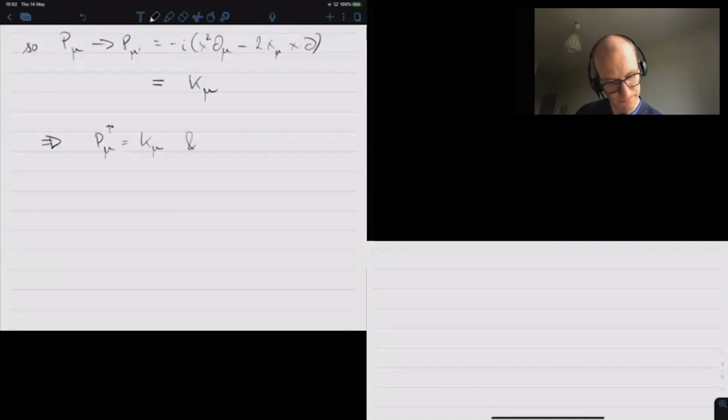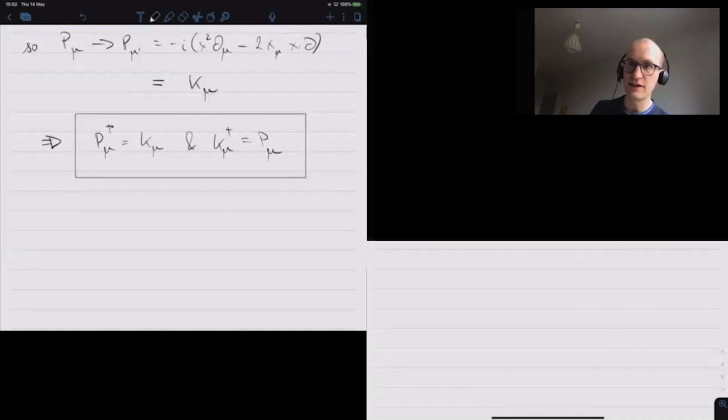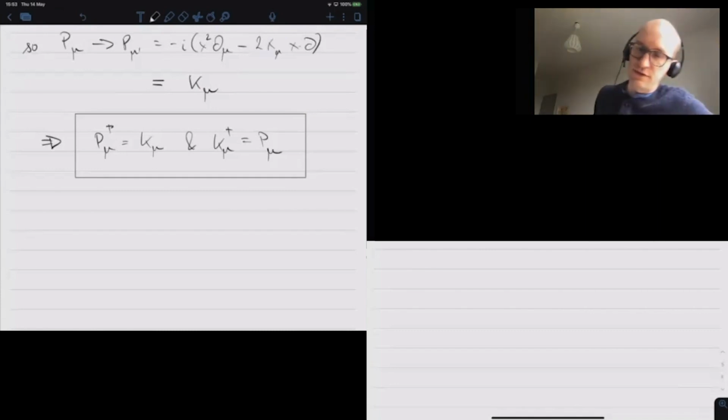And k mu dagger is equal to p mu. The meaning of this, I repeat again, is that we think of the theory as quantized on the cylinder, and we apply something like conjugation. And then we want to know, what does this mean from the point of view of the plane? This is maybe also a further response to David's question.